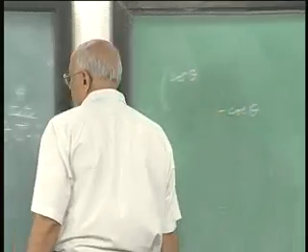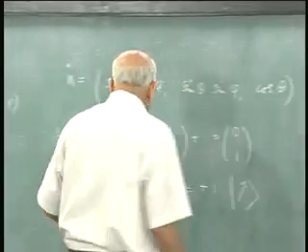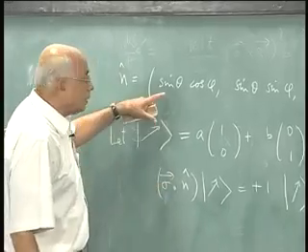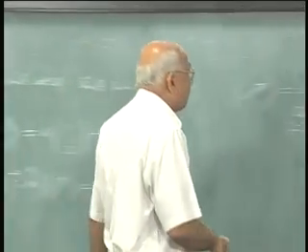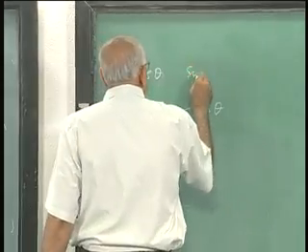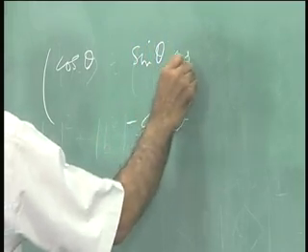minus cos theta on this side, and then sigma 1 is 0 1 1 0, so it is going to give you sin theta cos phi.